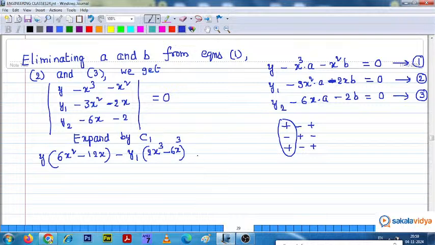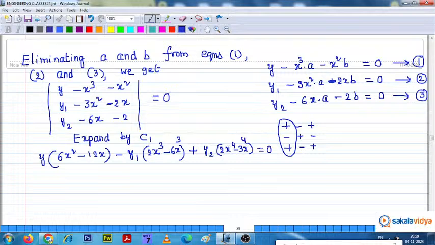And this sign is plus, so y2 times the determinant after deleting this row and column: negative x cube into negative 2x gives 2x to the power of 4, minus 3x to the power of 4, which is negative x to the power of 4, equal to 0.